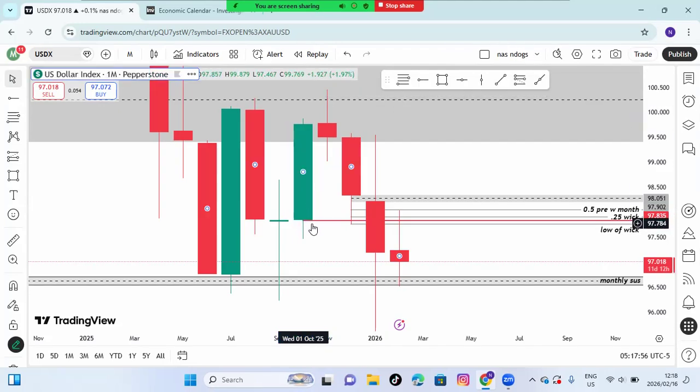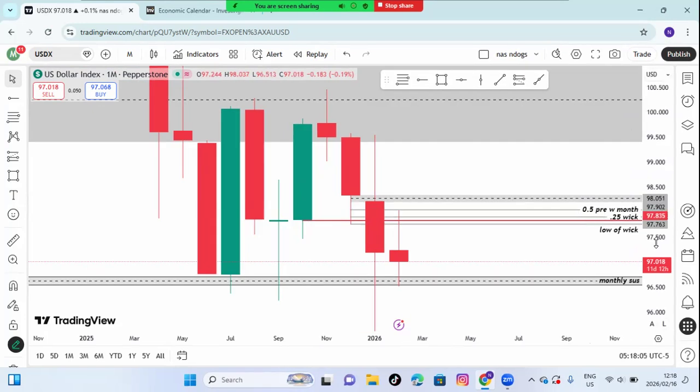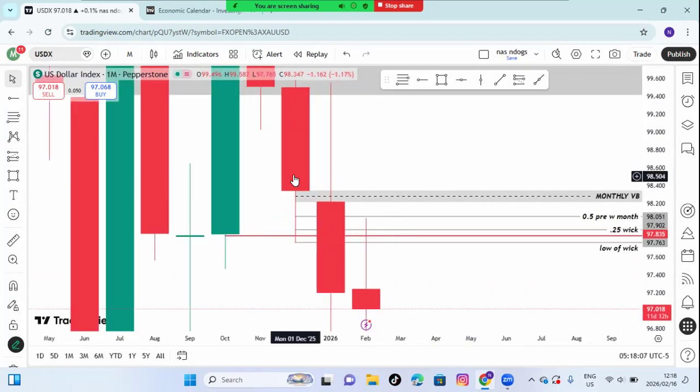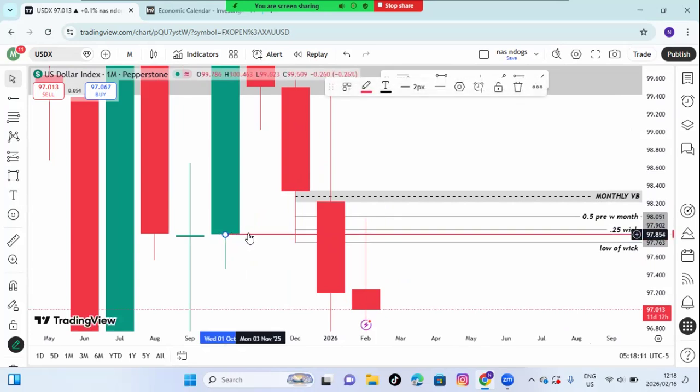This other block here was validated, right? So this price coming down and passing this rejection block, which is the open price here, it validated this other block.